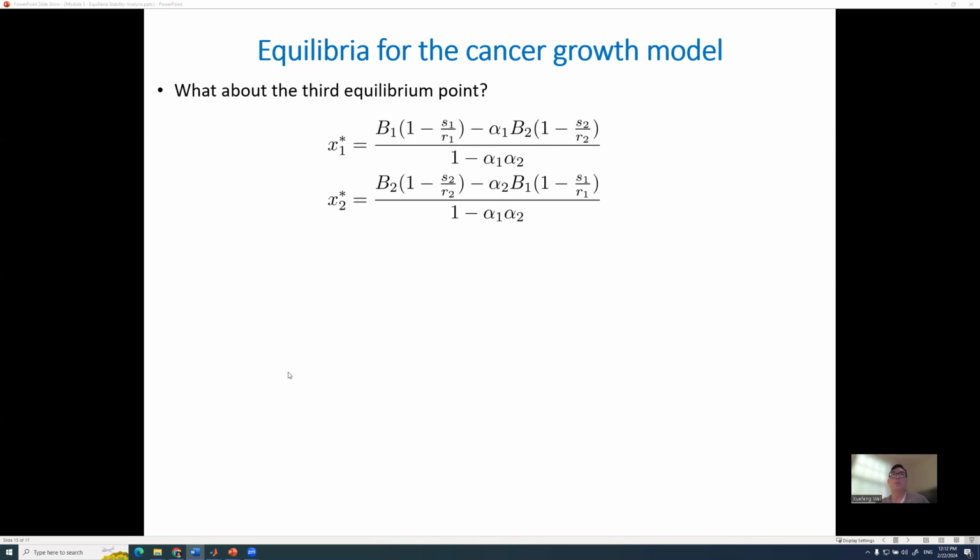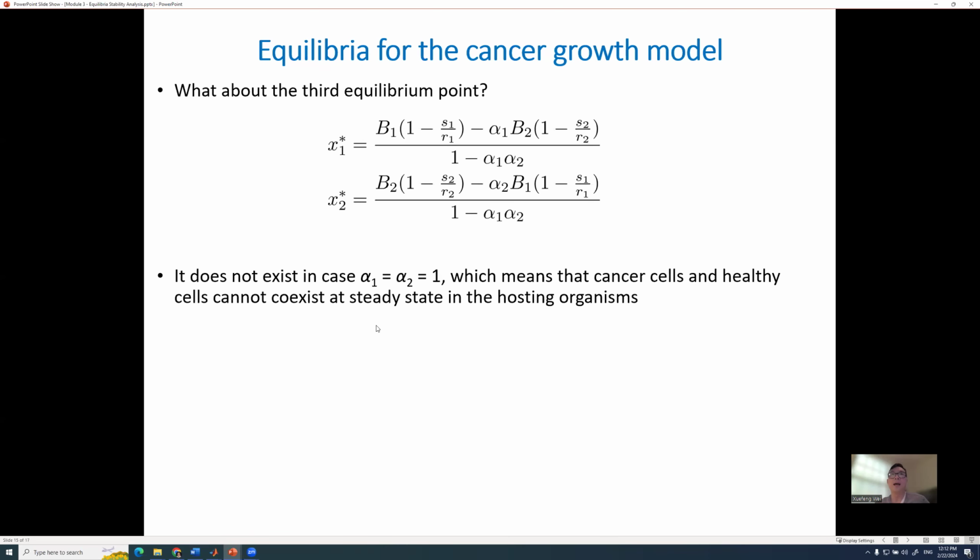Provided the condition we had earlier, where we assume alpha 1 equals alpha 2, you can see that when alpha 1 equals alpha 2, you are dividing by 0. So the whole model is undefined.